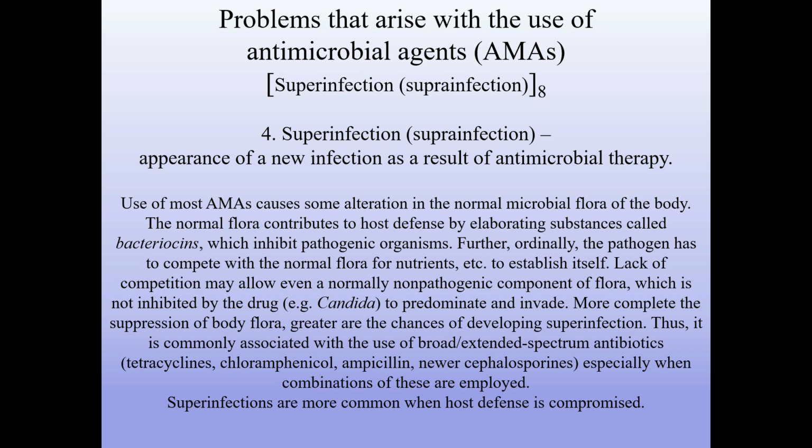Thus, it is commonly associated with the use of broad, extended-spectrum antibiotics: tetracyclines, chloramphenicol, ampicillin, cephalosporins, especially when combinations of these are employed. Superinfections are more common when host defense is compromised.